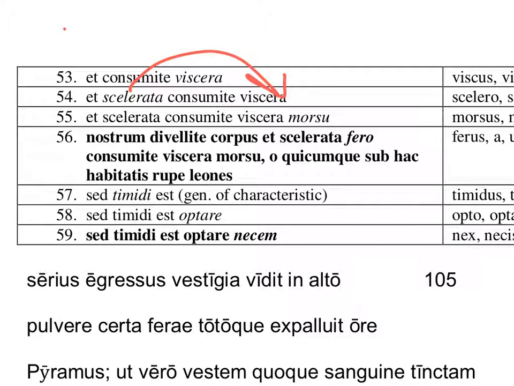Okay, while he goes back, I'm going to read it aloud. Nostrum divelita corpus et scelerata thero consumita whiskera morsu. O quicumque sub hac habitatus rupe leones. Do you want me to pause while you process? Pause for 1 second. Here we go, Patrick.